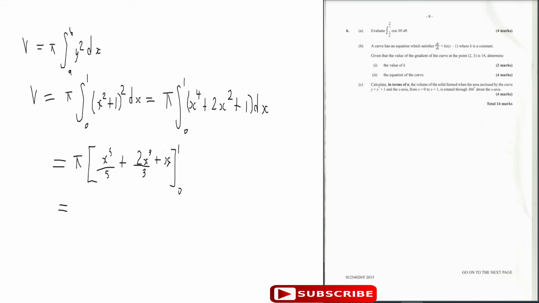That's 28 over 15 pi. That's the volume. It's 28 over 15 pi units cube. When you find volume, it's units cube. Nice and easy.